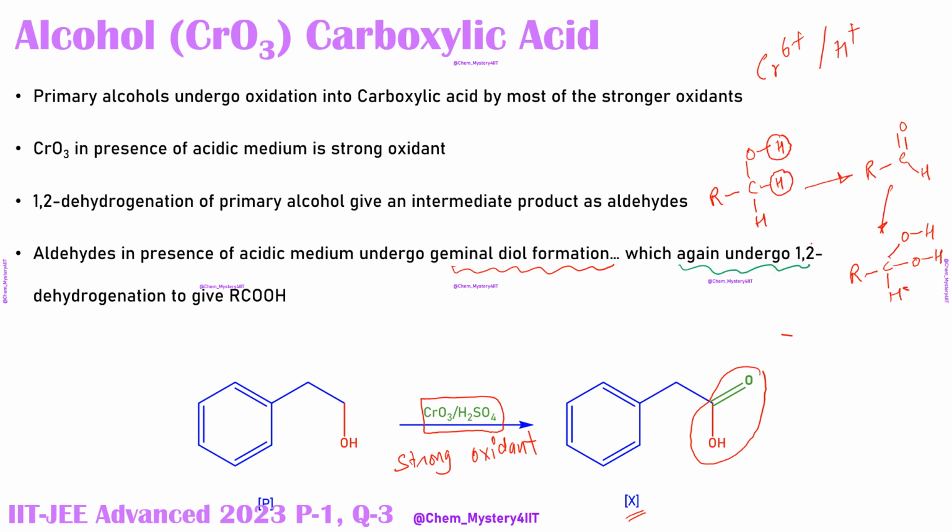This is carbon number 1, that is from hydrogen going from here. This is atom number 2, from here oxygen, hydrogen is going. So if these two things are lost, what we will get is RC double bond O and OH. That is how carboxylic acid is being generated.